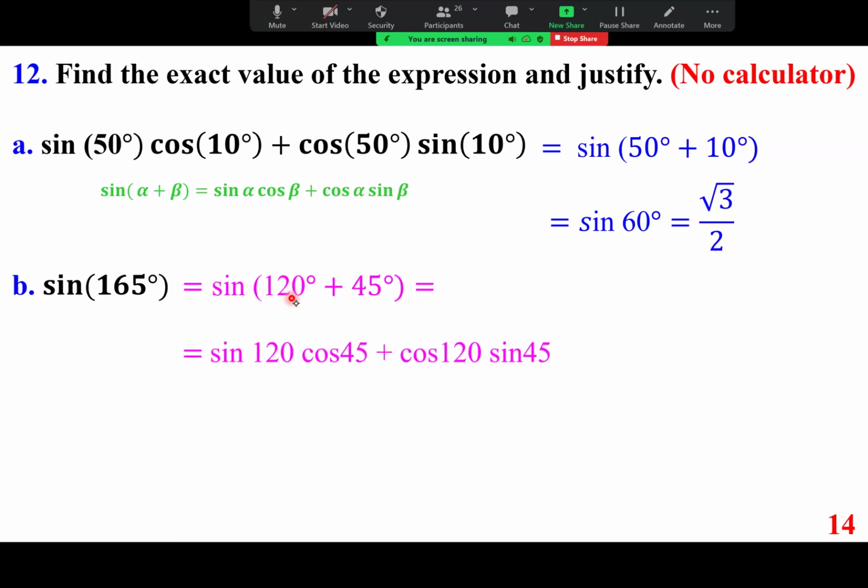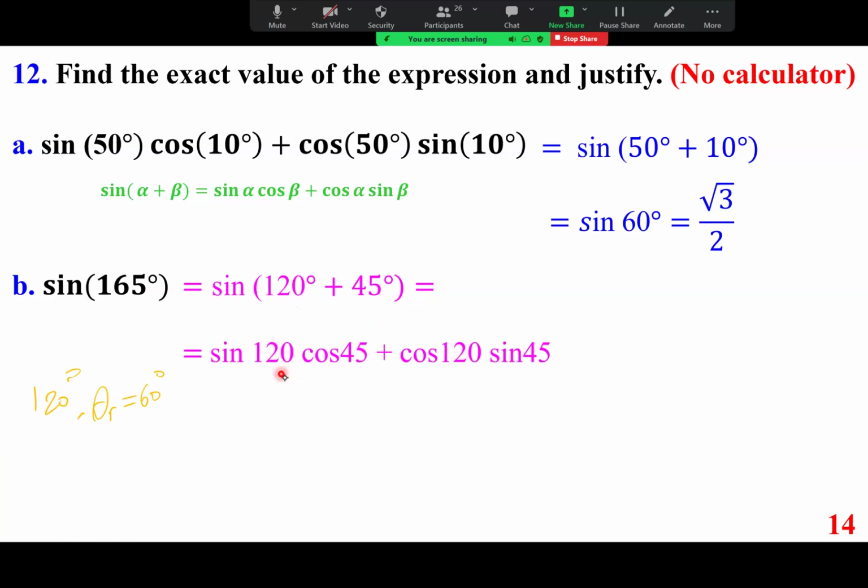Now, as far as 120 degrees is concerned, class, the reference arc or angle is 60 degrees. So it's the same as 60 degrees, but positive or negative, we're going to discuss that.